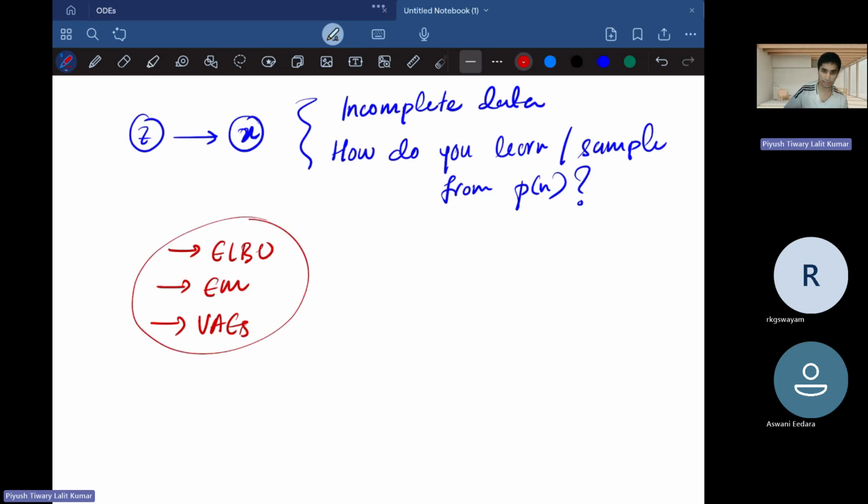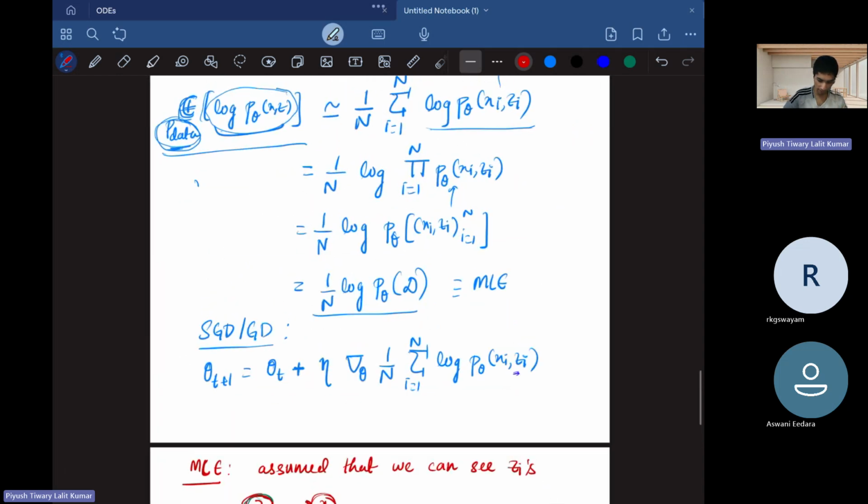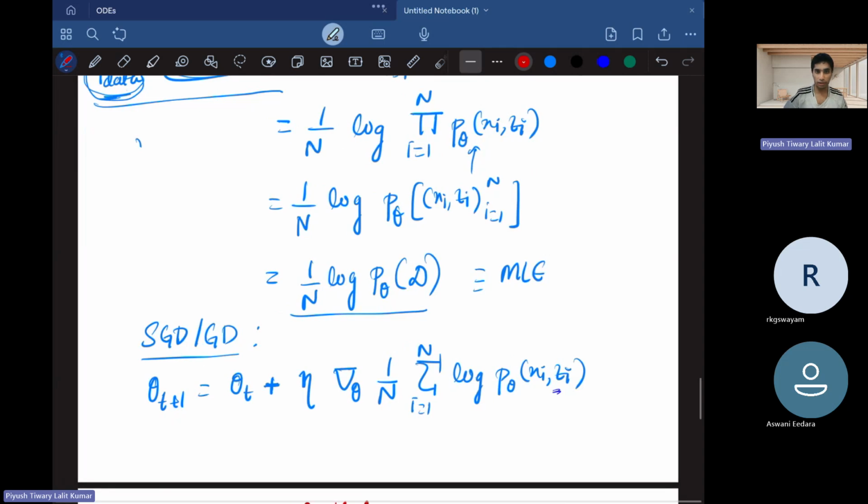So I hope the stage is set right now. What is the scenario for us? We saw MLE, and it works great when you have access to all the nodes or variables in your data set.